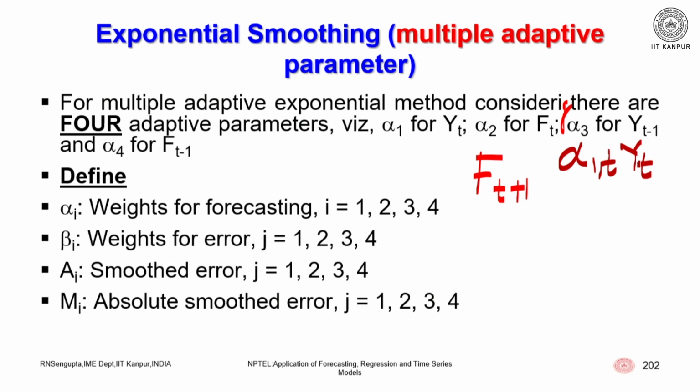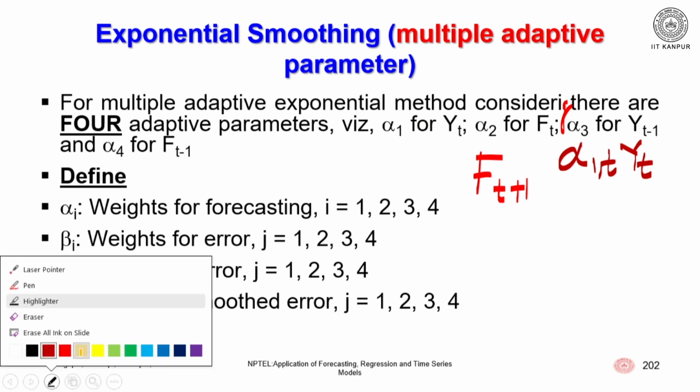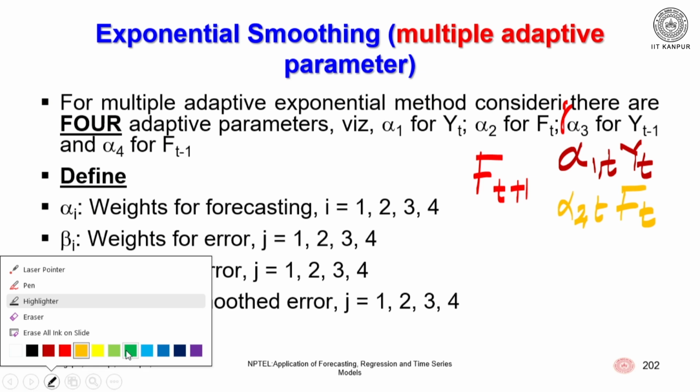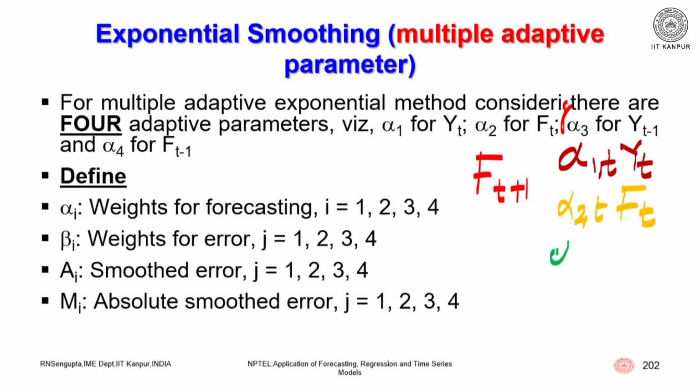Then you have alpha 2,t for ft. Then alpha 3,t for yt minus 1.